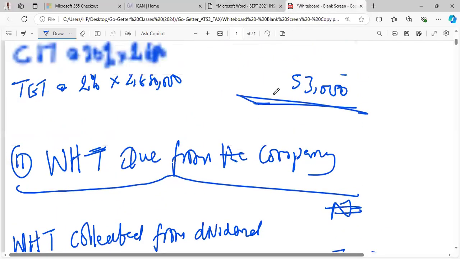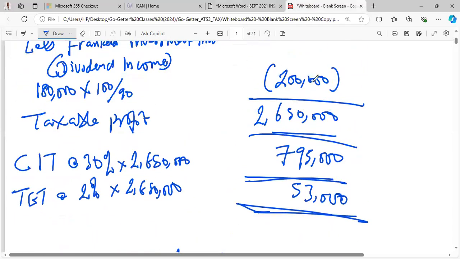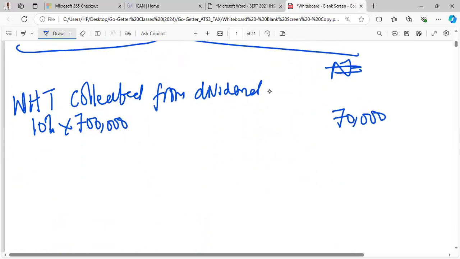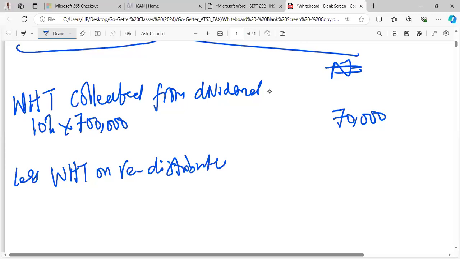So out of this 200 that they received as gross received, 140,000 was distributed. So you will say less withholding tax on redistributed dividend. So dividend of 140 was redistributed.